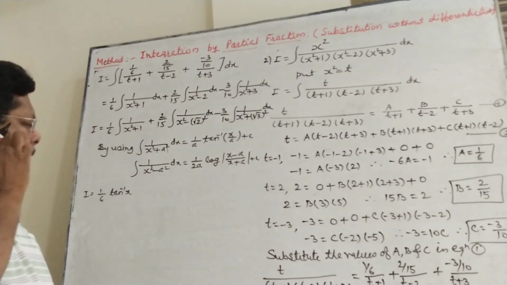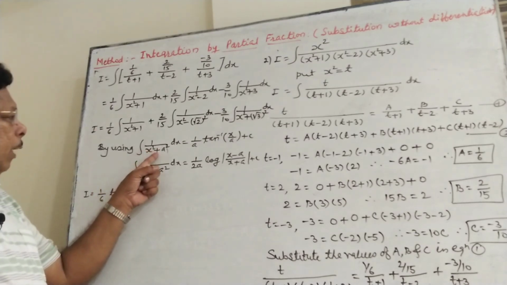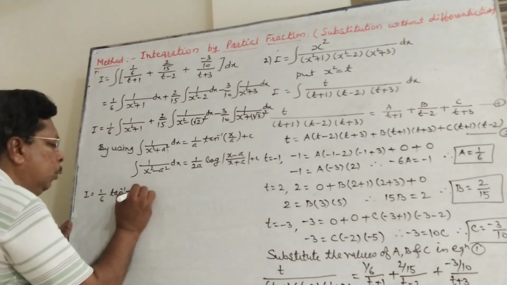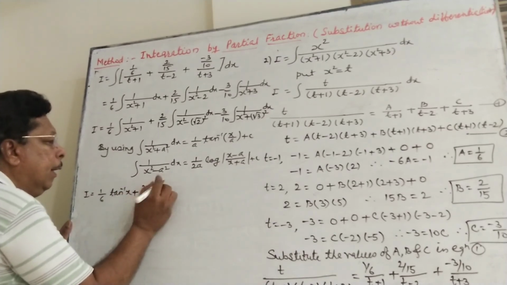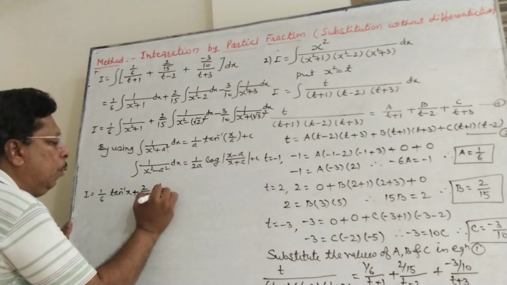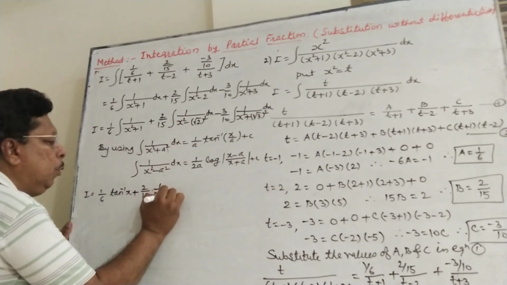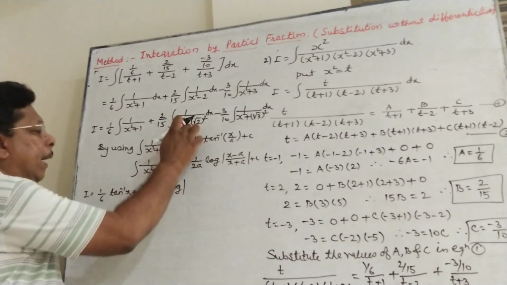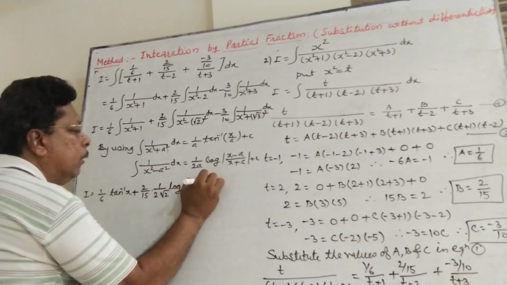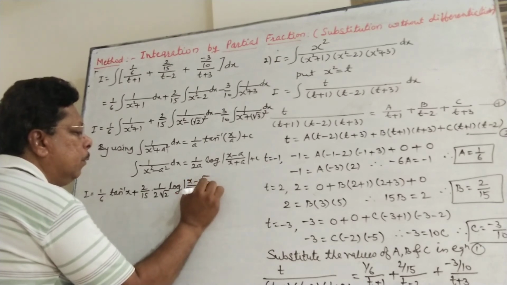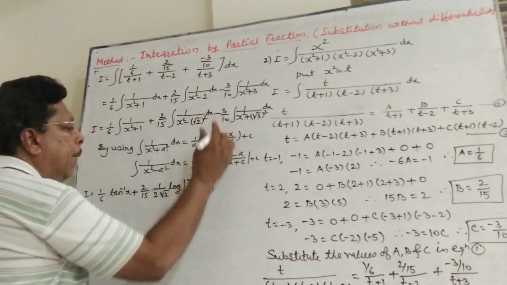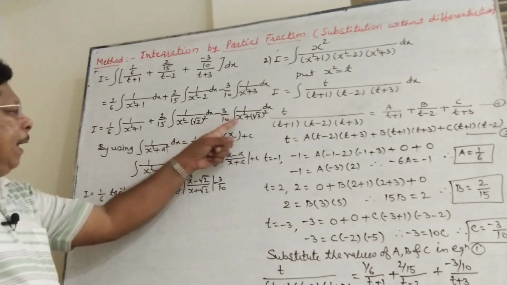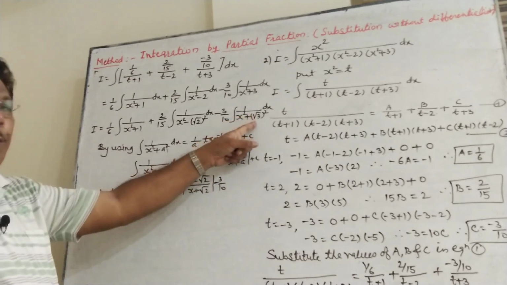So this becomes I is equal to 1 by 6 tan inverse x, standard formula. Integration 1 upon 1 plus x square is tan inverse x, or using this formula we will get 1 by 1 tan inverse x by 1, plus 2 by 15 into 1 upon 2a, 2 into a is 2 root 2, log of mod of x minus a upon x plus a, equal to x minus root 2 upon x plus root 2, minus 3 upon 10, 1 by a tan inverse x by a, first formula, a equal to root 3.